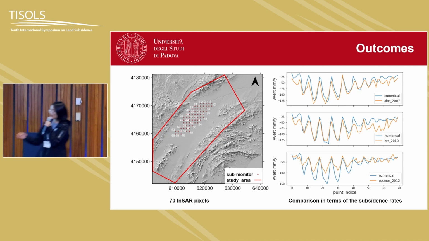But actually the axis here is the point indices, so it's not really the rebound of this point. Yeah, it's my fault, it's confusing. X is actually these 70 points' indices.